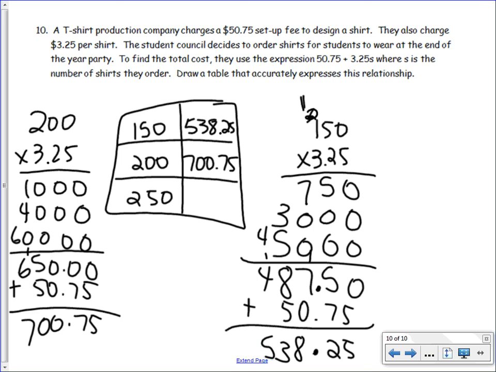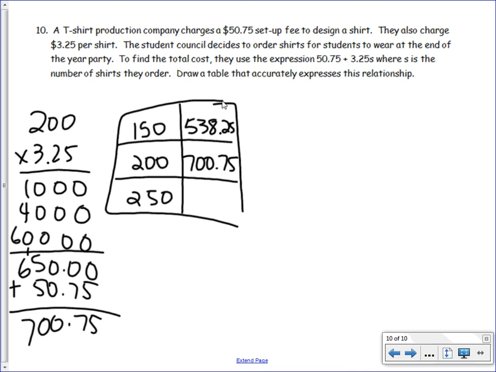Finally, we're going to do 250 shirts. I wish I had picked easier numbers.